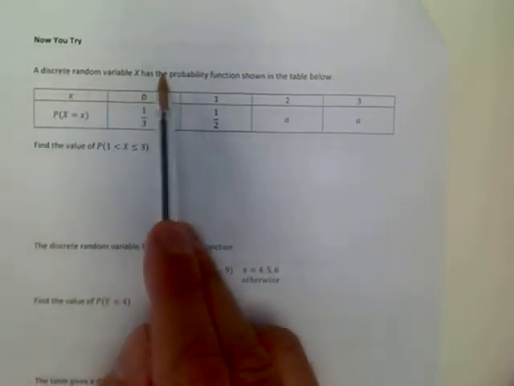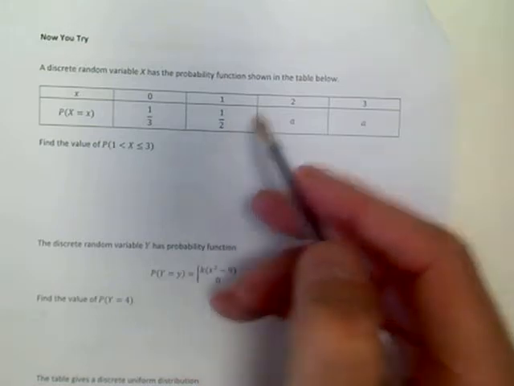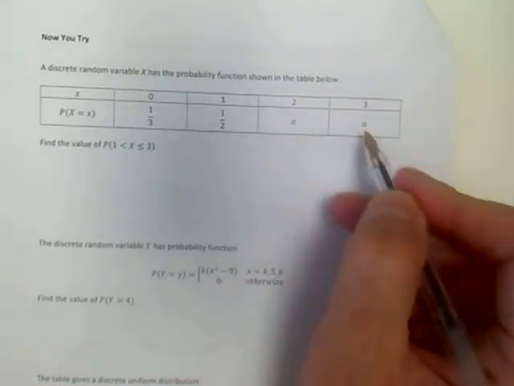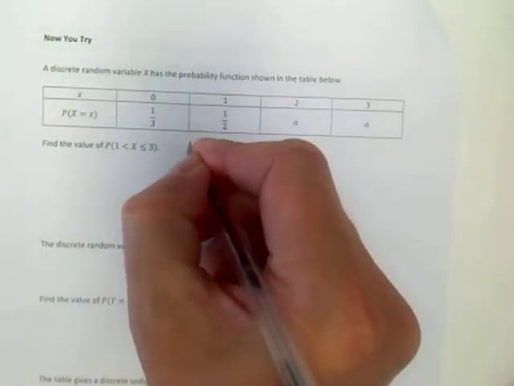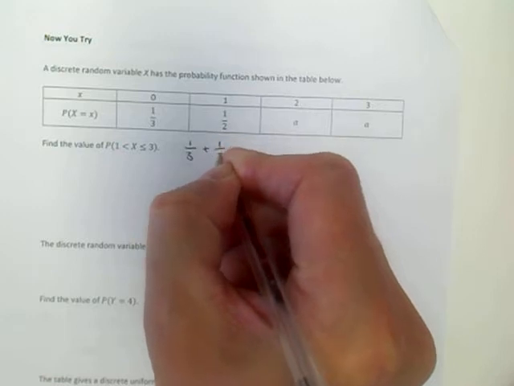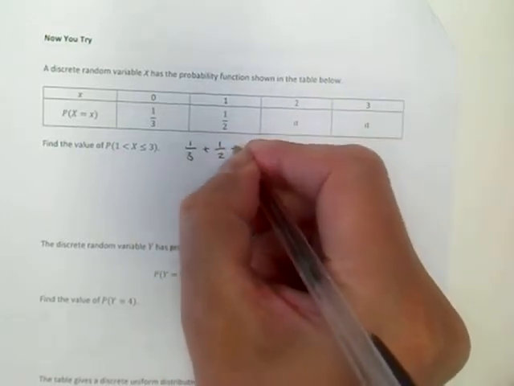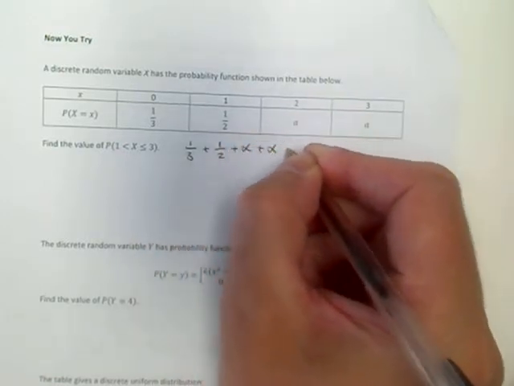So discrete random variable x has a probability function shown in the table. So if x is 0, it's a third, 1 is a half, 2 and 3 are an unknown value that we need to find. So what I'm going to do is say 1/3 plus 1/2 plus 2 alpha equals 1.